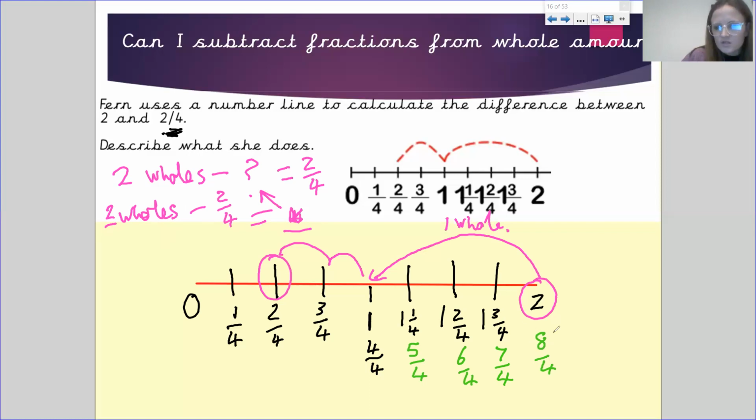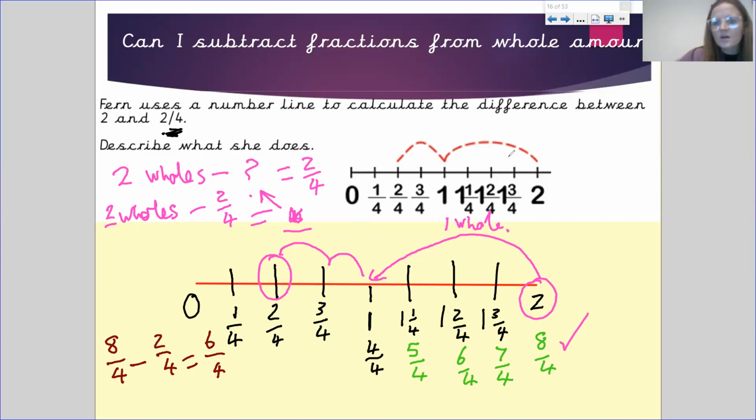So we can convert it to our improper fraction. So I'm going to try to use another color so you can see what I'm talking about. So let's do 8 over 4 minus 2 over 4 will give me 8 minus 2 is 6. The denominator stays the same, so 6 quarters.